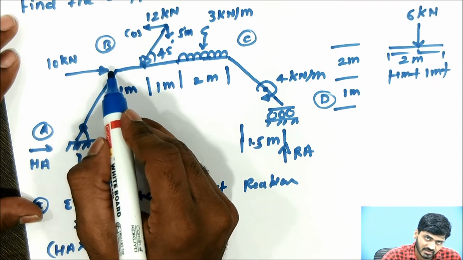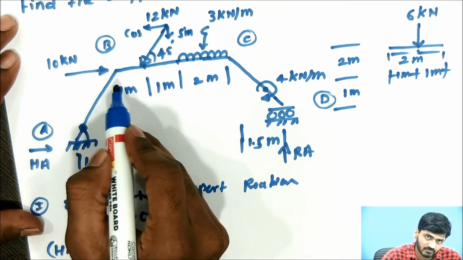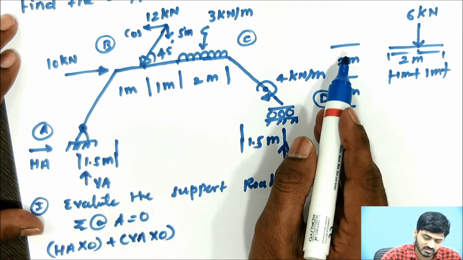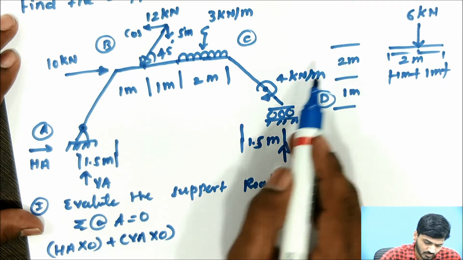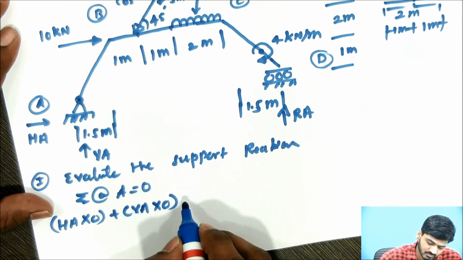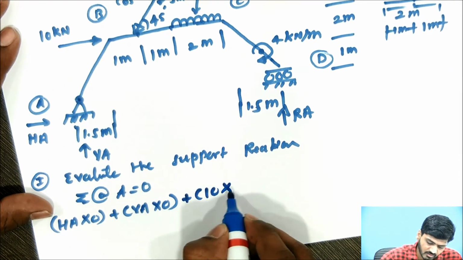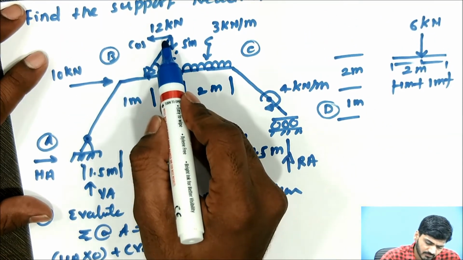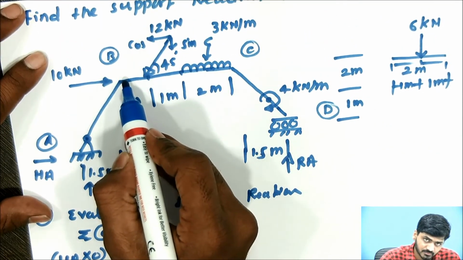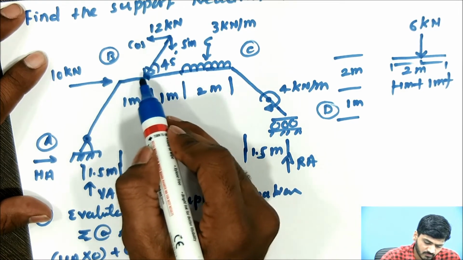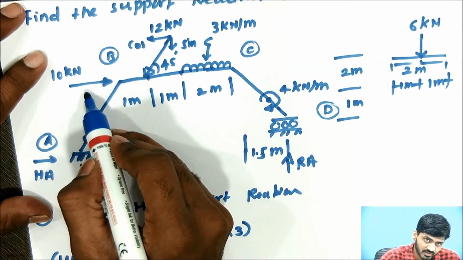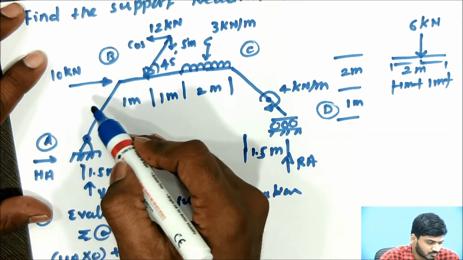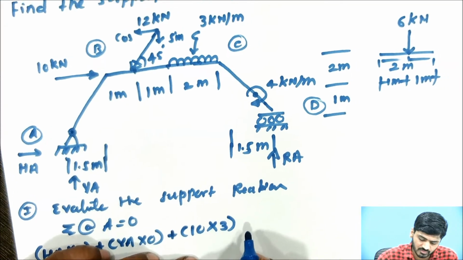It moves to the right-hand side and creates a clockwise rotary effect, and the vertical distance they have mentioned is 2 plus 1, 3. So plus 10 into 3. Now the horizontal component of the inclined force is present here, 12 cos 45. It moves to the left-hand side, and with respect to this point it creates a negative moment.